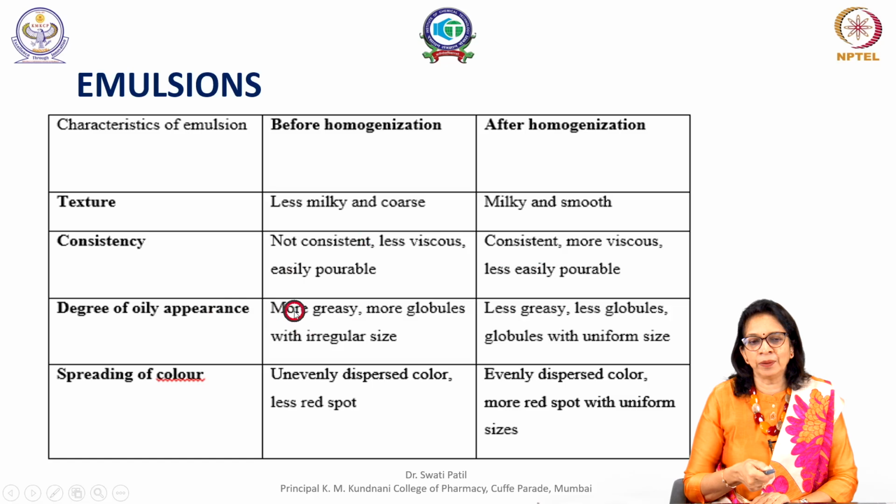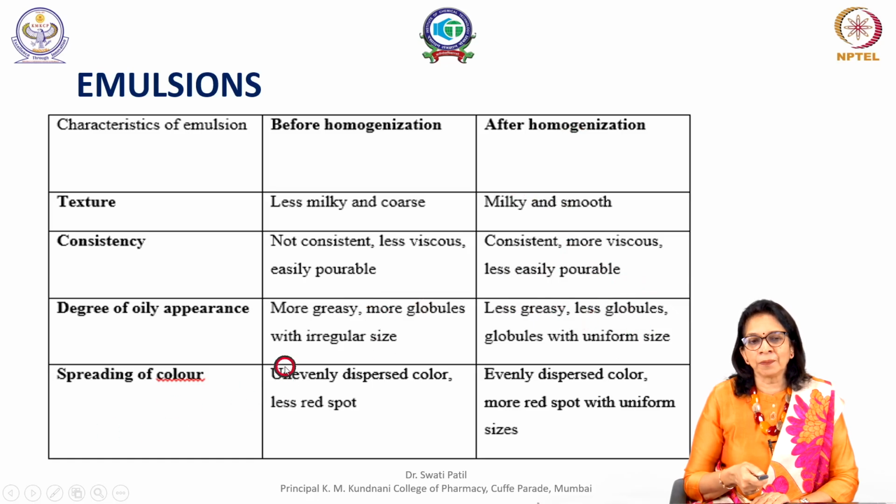Degree of oily appearance: before homogenization it is more greasy, with more globules of irregular size, but when you homogenize it, it is less greasy, with smaller globules of uniform size.